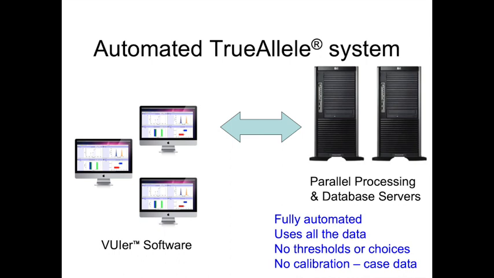On the left, you see interfaces that are provided for Windows or Macintoshes. On the right are powerful supercomputers with parallel processing that can solve dozens or hundreds of problems simultaneously, leading to very high throughput for a laboratory, including parallel database matching servers to continuously match genotypes.